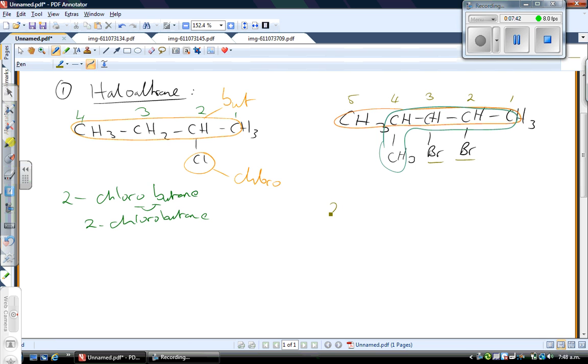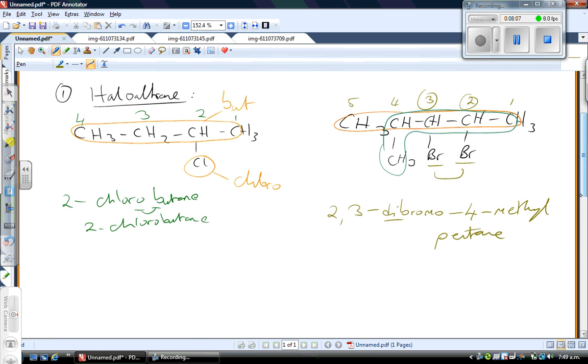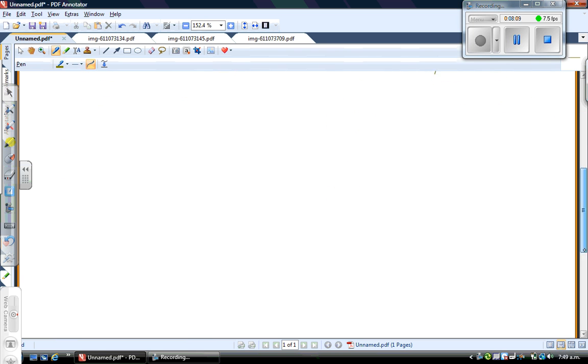In which case we have 2, 3 dibromo. You have to indicate that there's 2 bromines, dibromo. So 2, 3 dibromo hyphen because we're going to a number again, number 4, methyl, and it's pentane. So 2, 3 dibromo 4 methyl pentane. So that's another example of a haloalkane. They don't get much more complicated than that.